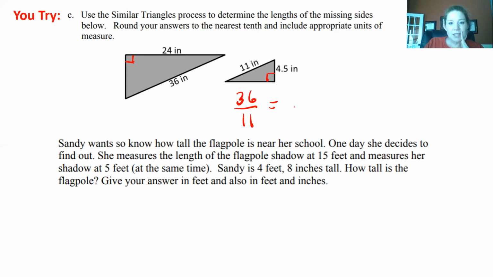Let's see, we need the lengths of the missing sides.